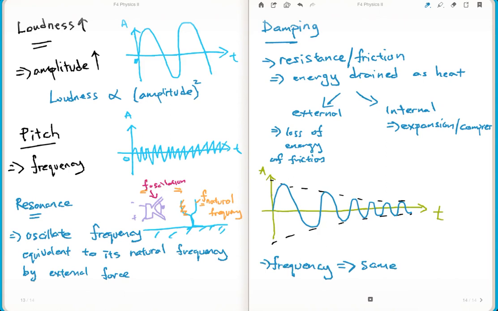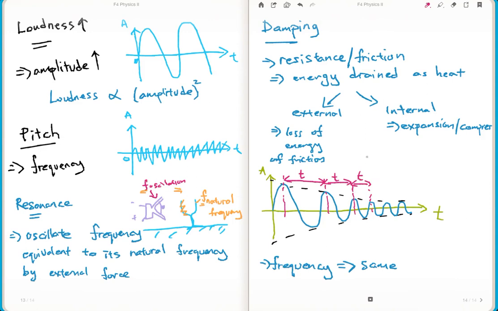Say I measure my time from here to here as one wave. The time for each wave is supposed to be the same because the frequency is the same.